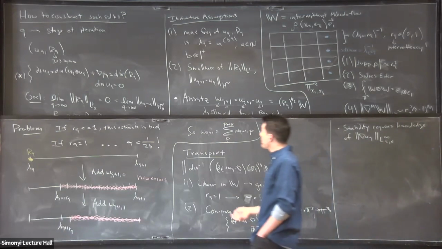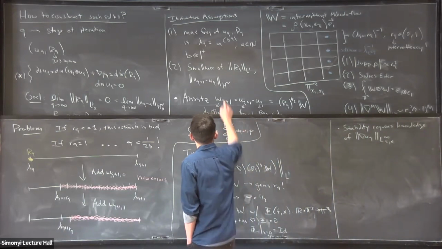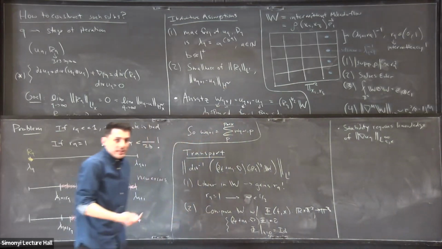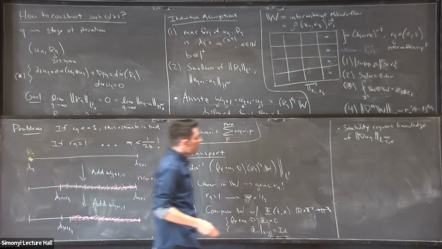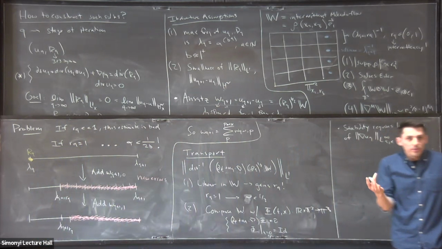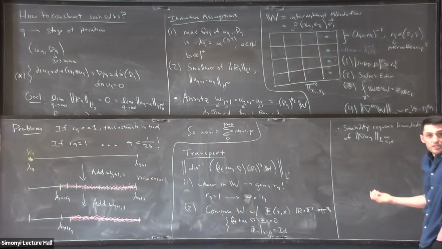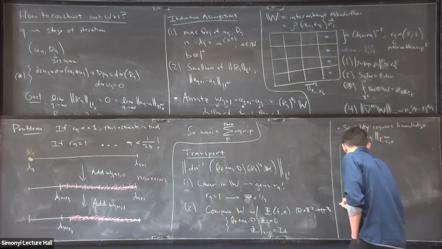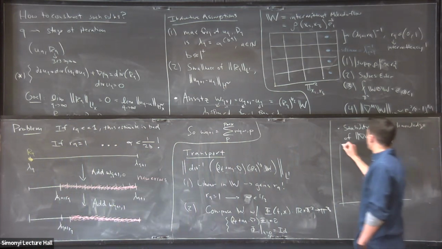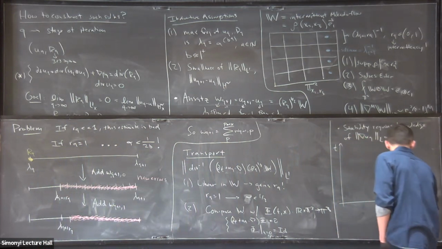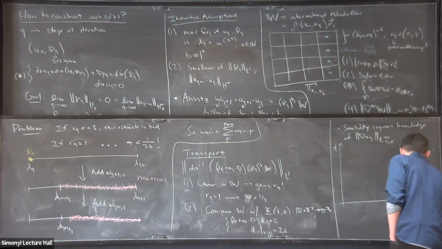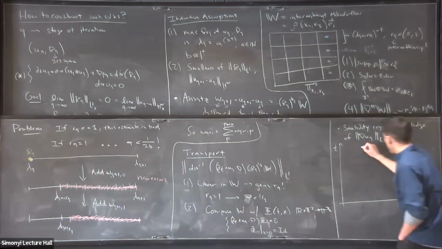I just propagated information, I guess I should have said in L2, but that's what I'm propagating. And I can convert L2 information to pointwise information by Chebyshev. So I could say that if here I have my time and space, maybe I have 3 regions.